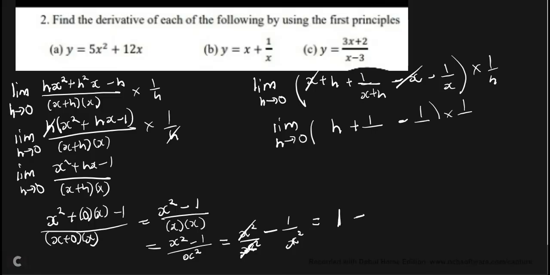So it will be 1 minus 1 over x squared, like that. So that's how you answer B.